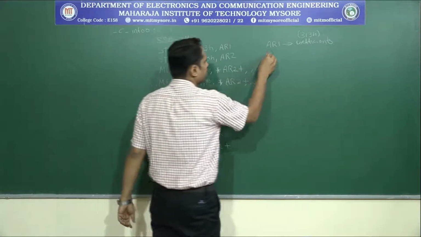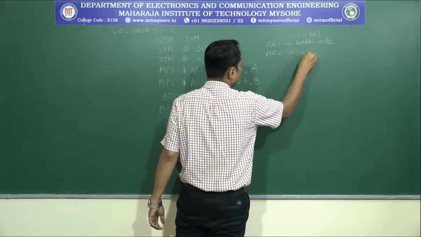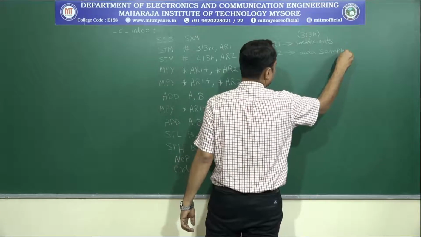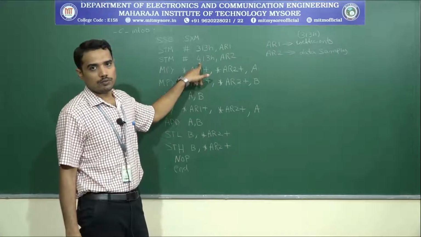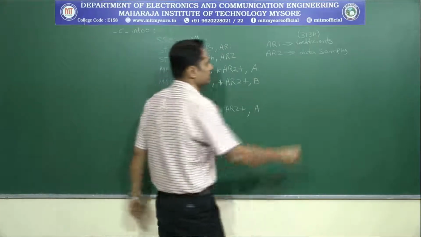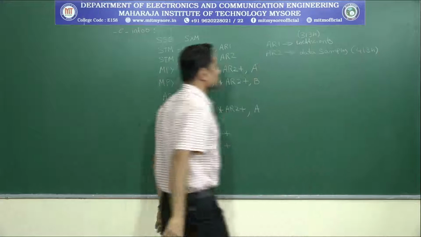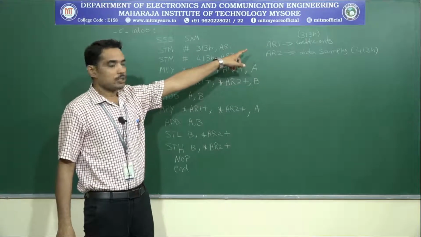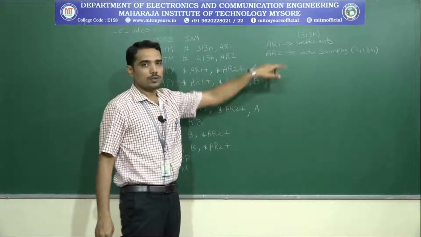Here AR2 is keeping track of data samples starting from the address 413H, 414H and 415H. Coefficients H0, H1, H2 are accessed with respect to AR1, and x of n to x of n-2 with respect to AR2.